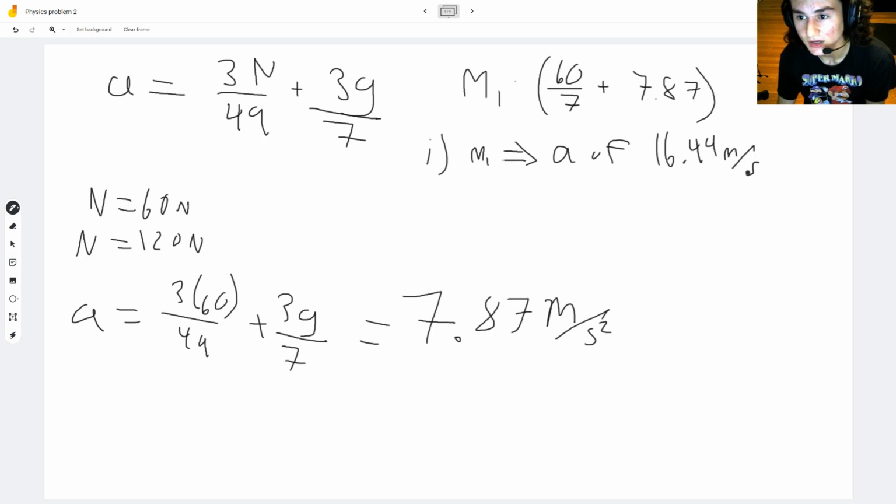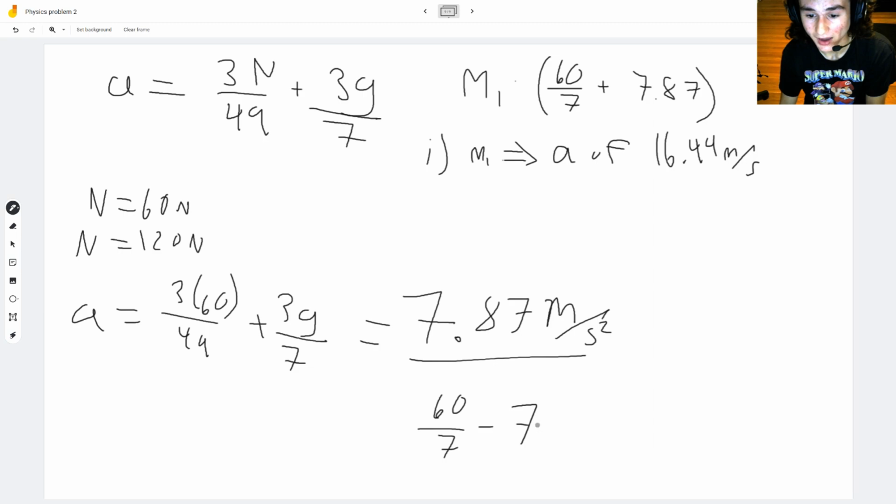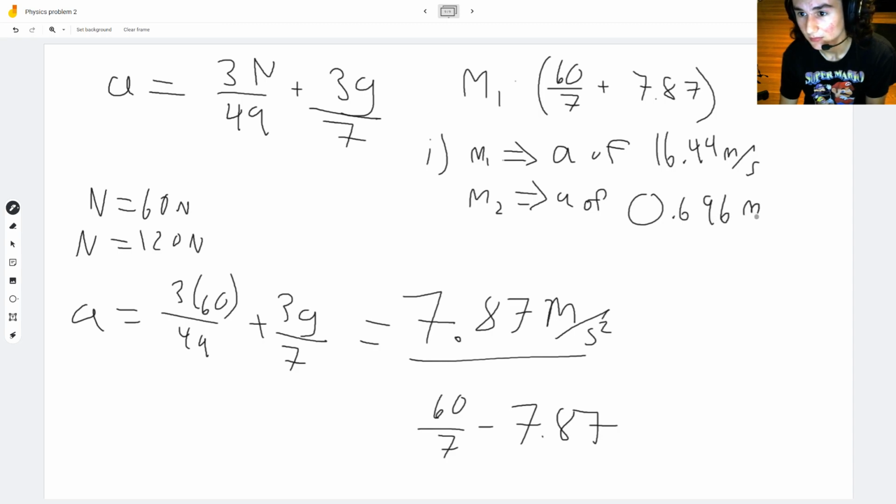meters per second. So, next what we're going to do is we're going to look at mass 2 in the same problem. So we still have 60 newtons, the acceleration is still this, only this time it's negative, so instead of adding 7.87, we're going to subtract 7.87, which gives us a value, m2 will have an acceleration of 60 over 7 minus 7.87, which is around 0.696 meters per second.